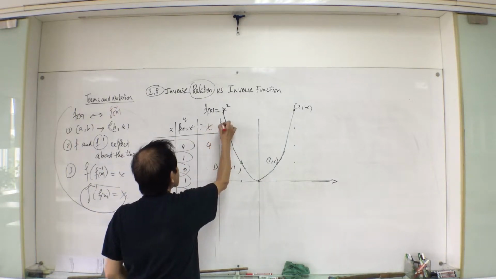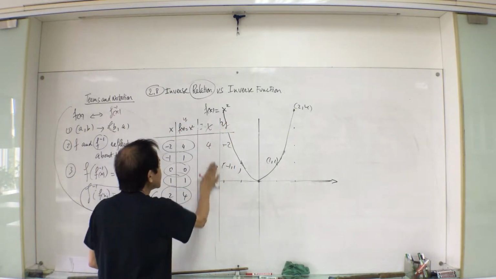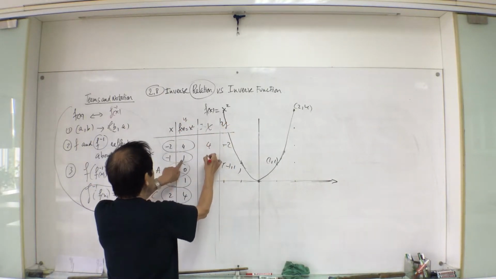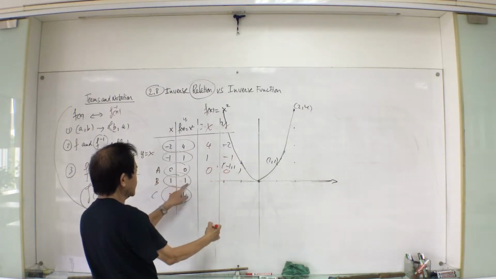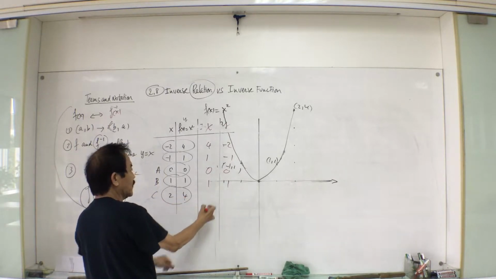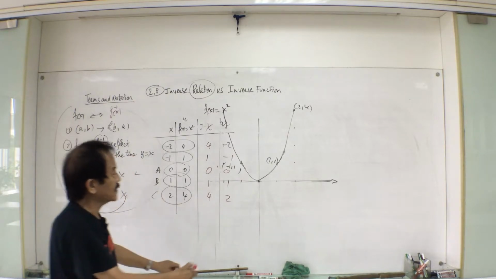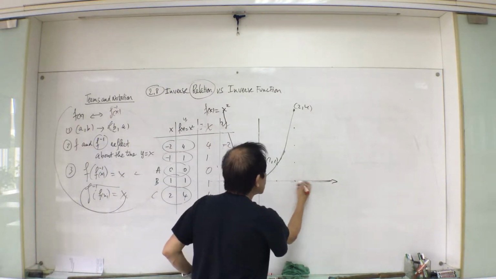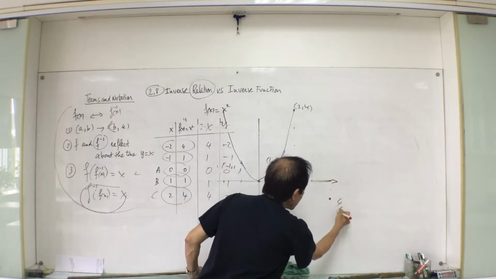Then I have 1 and negative 1, and the same thing: x equals 2, y equals 4 becomes x equals 4, y equals 2. Now I plot 4 and minus 2.